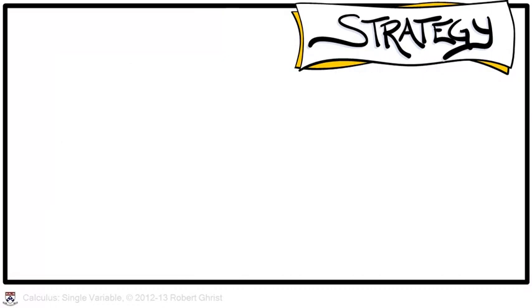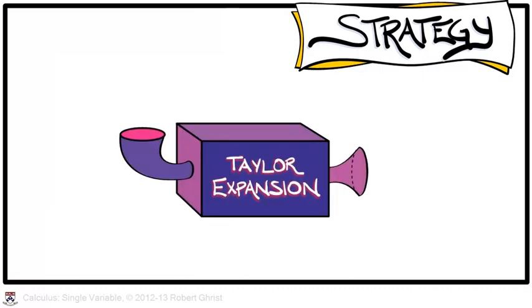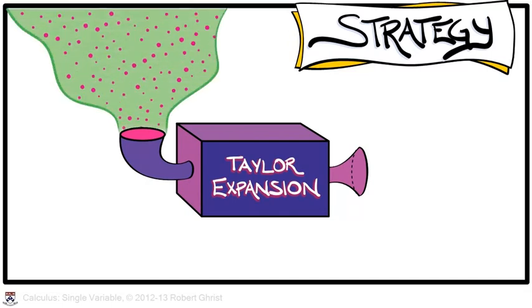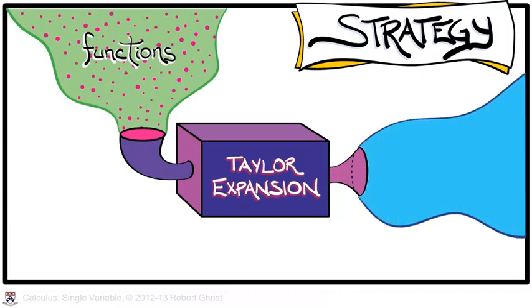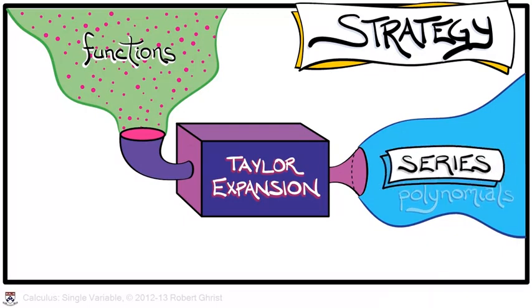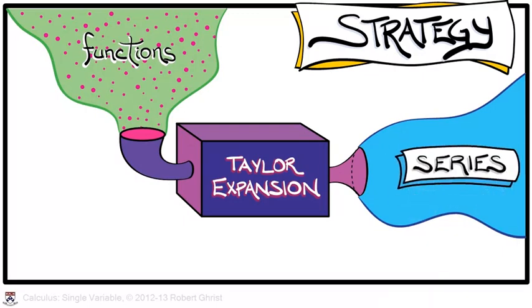Our strategy, therefore, for working with functions is to think of Taylor expansion not as a function itself, but as something like an operator, as something that takes as its input a function and returns as its output something that is in the form of a long polynomial, or better, a series. Why do we want to do this?